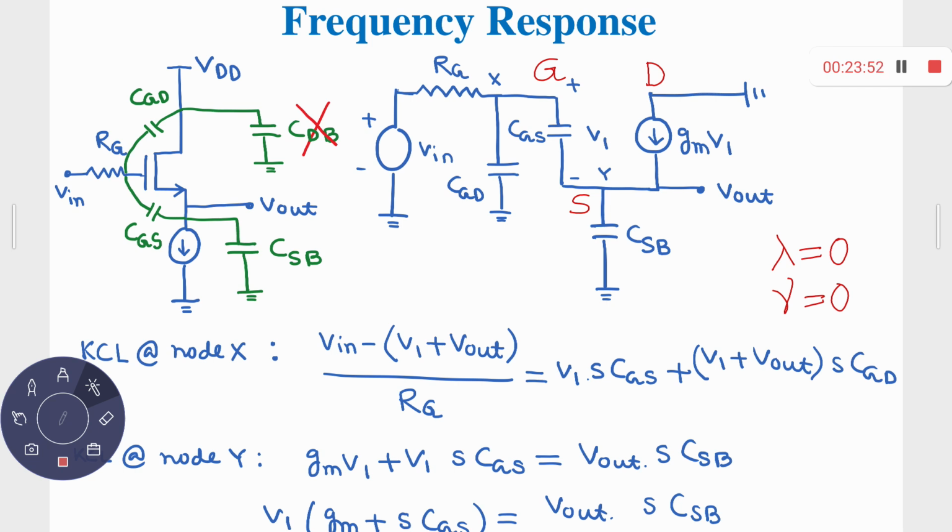Okay, we apply the KCL at the node at the gate end. This current plus this current equal to this current, right? What is the voltage at node X?